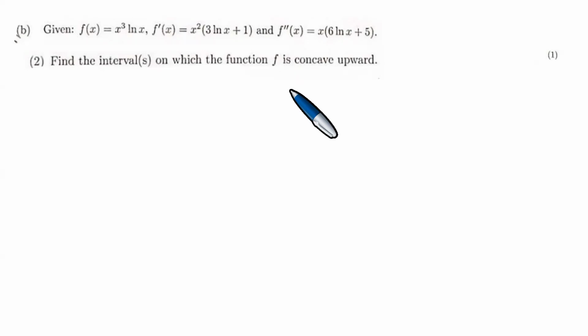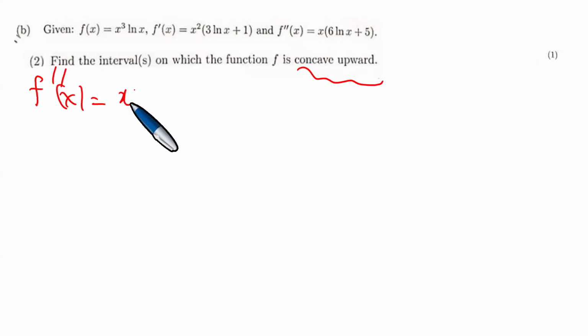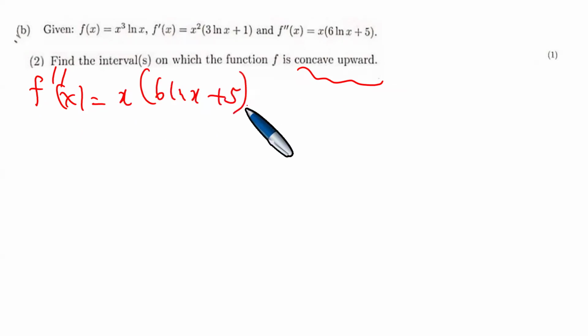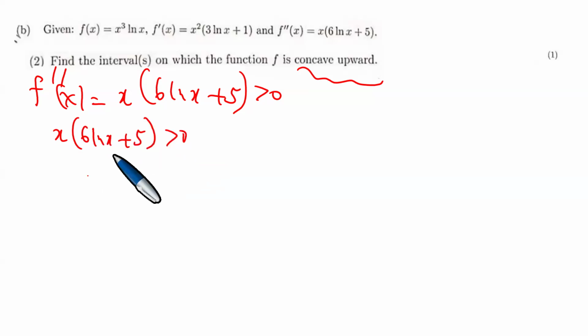So now, concave upward would mean that f double prime, which is x(6 ln x plus 5), is greater than 0.